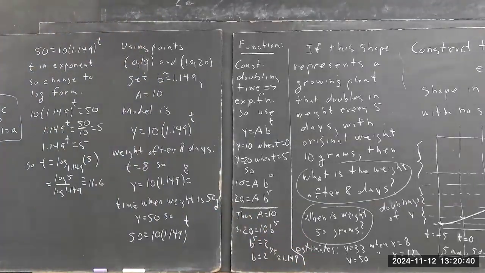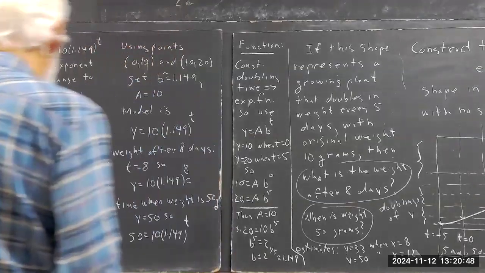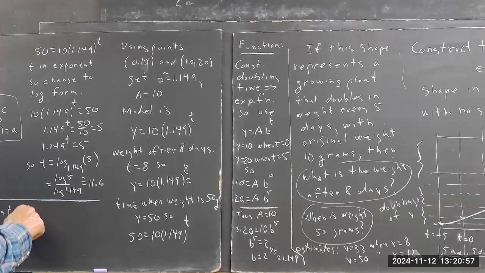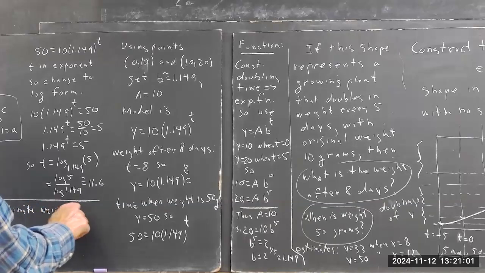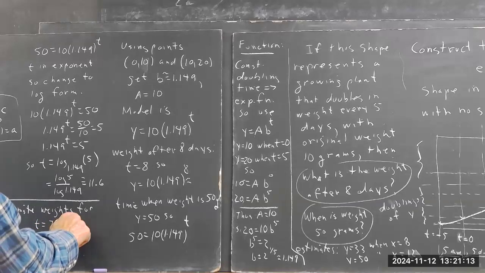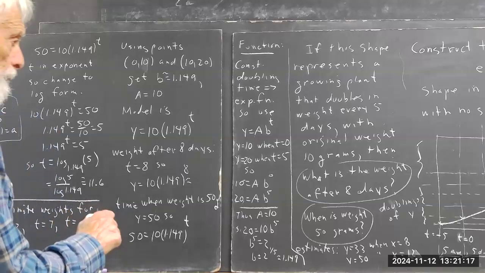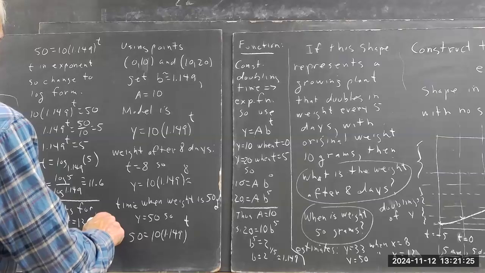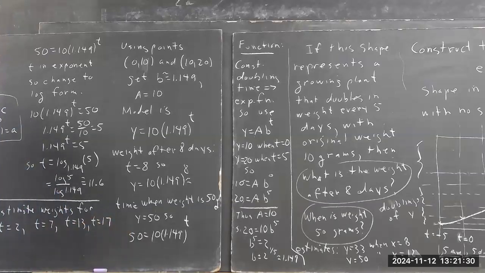Now, I want you to estimate from your graph, for these four values of t, the y values, and put them in a table.